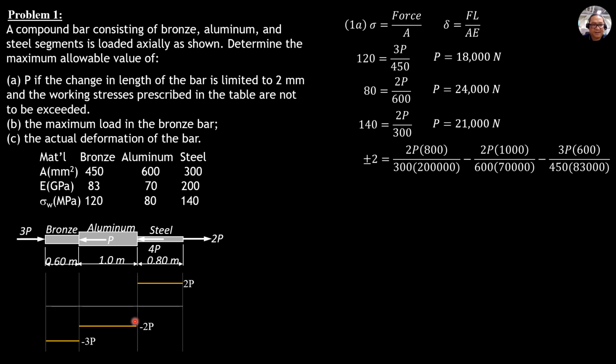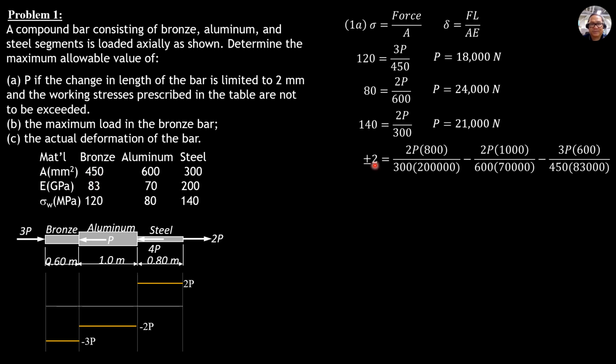Then for the aluminum, negative 2P the load, length 1000 mm over area of aluminum 600, then modulus of elasticity 70,000 megapascals. Then plus, for the bronze, negative 3P, the length is 600 mm divided by area 450 and modulus of elasticity 83,000.